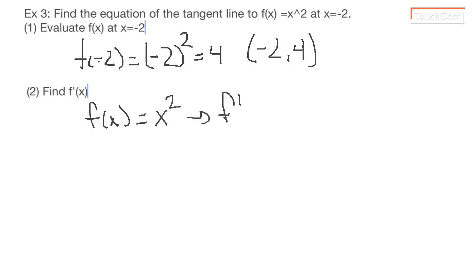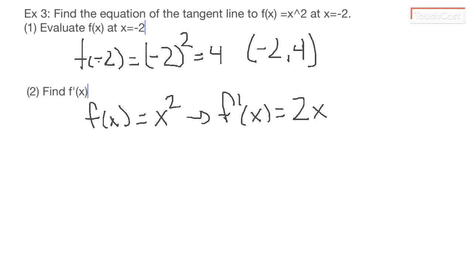What we're going to do is take that power, which is a 2, and bring it out in front of our variable. And then we're going to reduce the original power, which was 2, by 1. So the derivative of x squared is just going to be 2x. And this derivative, we're going to use it to find the slope of our tangent line.